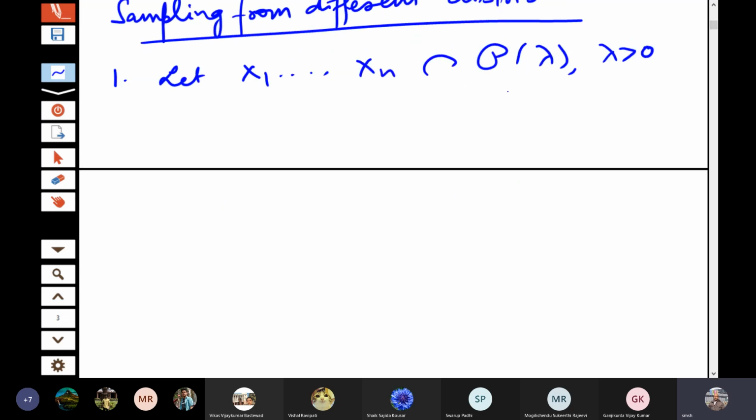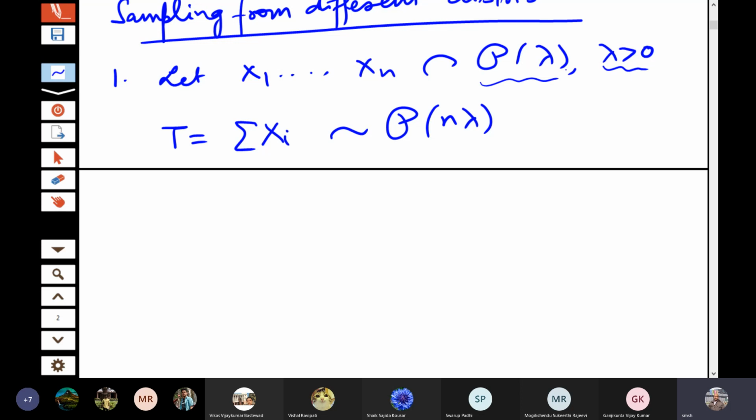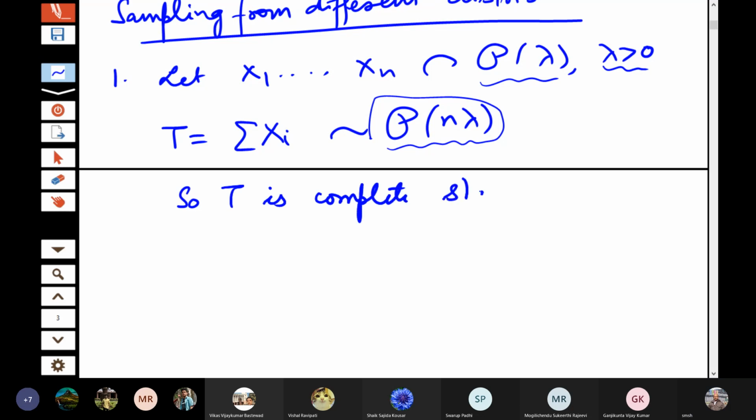We actually showed that the Poisson family of distributions is complete. So if I consider sigma xi, then that follows Poisson n lambda. So if for lambda positive the Poisson lambda family is complete, then Poisson n lambda is a member of the same class. So the family of distributions of Poisson n lambda is also complete. So T is complete. Okay, is this point clear?